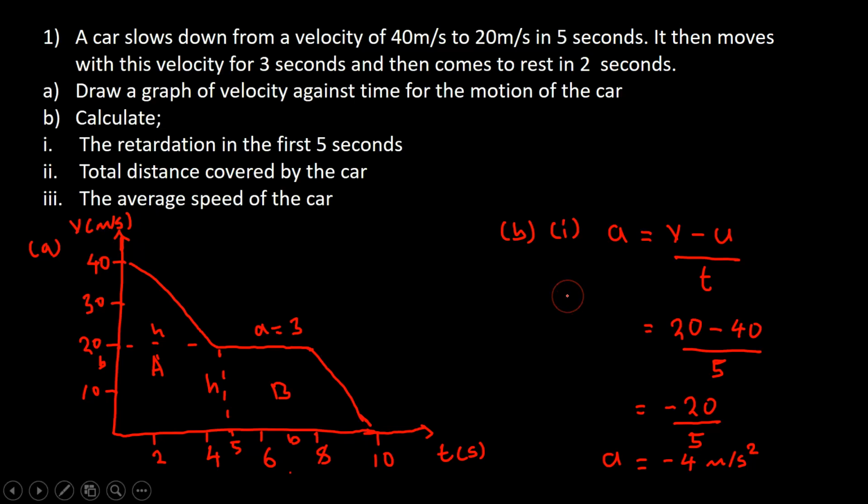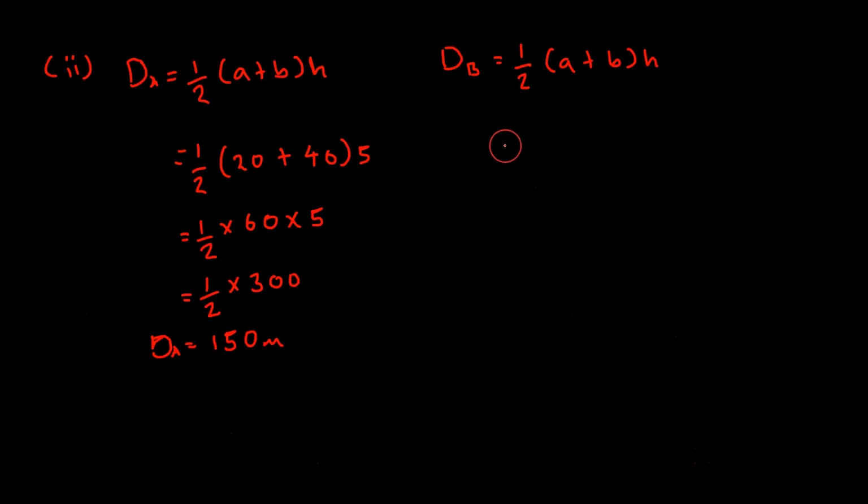You can go and replace: 1 over 2, A we said is 3, plus 5, and H is 20, the height.